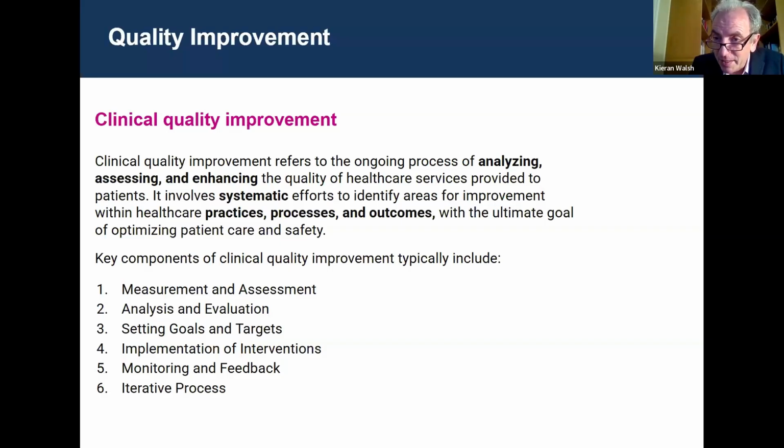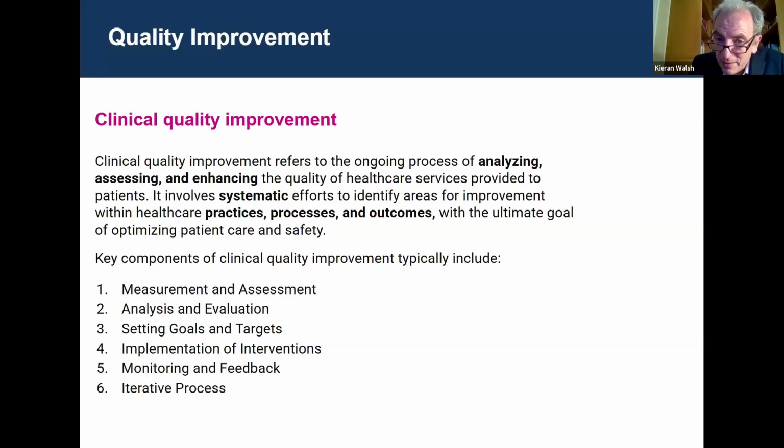So we're keen to see it used in clinical quality improvement. And quality improvement is simply the process of analyzing, assessing, and enhancing quality of healthcare. It should be a systematic process, and it can look at improving practices or processes or ultimately outcomes for patients.